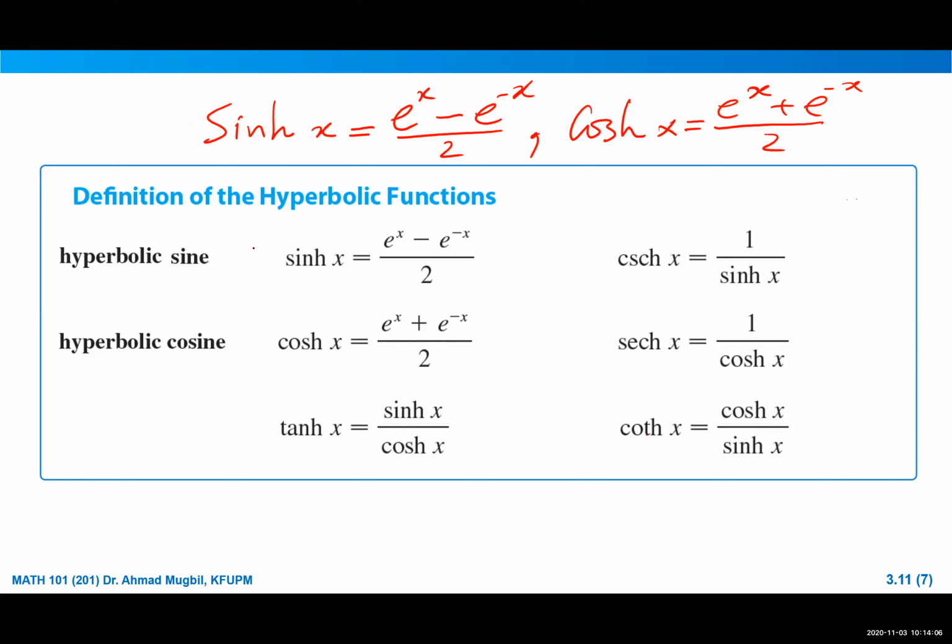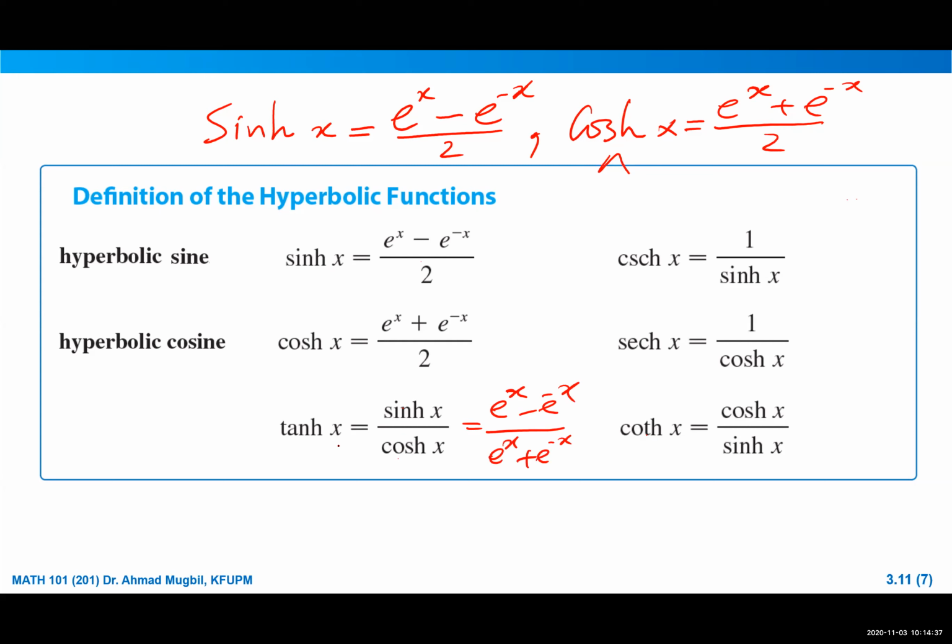Why they call it a sine, we will see when we study the identities, because the relationship between them will be similar to the relationship between sine and cosine, the usual trigonometric functions. Now, when we divide sine hyperbolic by cosine hyperbolic, it will be e to the power x minus e to the power negative x over e to the power x plus e to the power negative x.